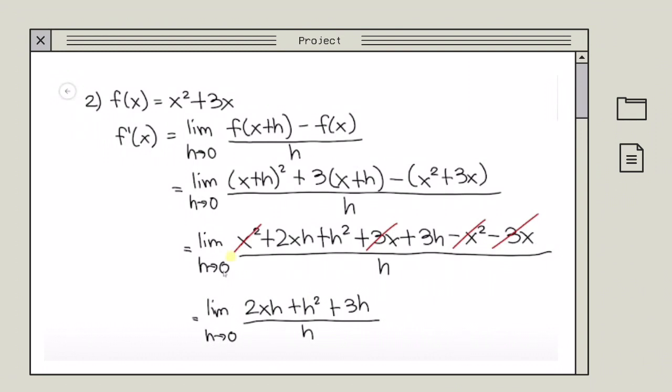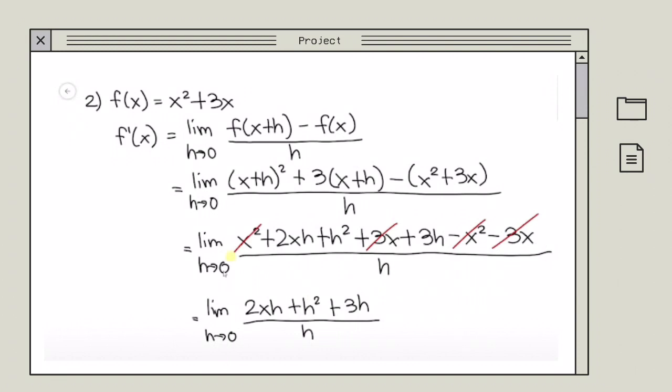Tapos, ang susunod is yung buong function na x squared plus 3x, yung bale, ang magiging niya na is limit of x plus h squared plus 3 times x plus h minus x squared plus 3x all over h as h approaches 0. Okay? So, next natin is i-evaluate na natin sila.